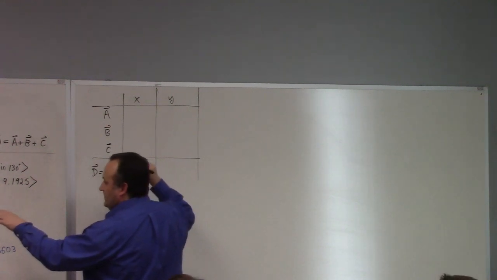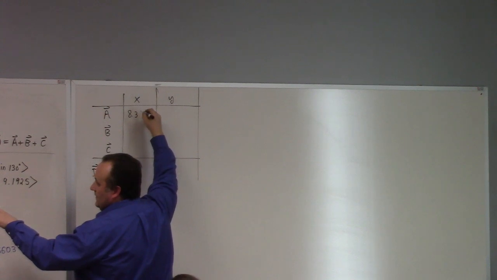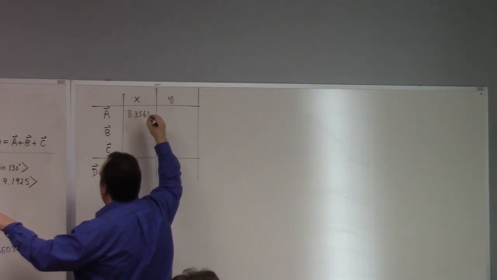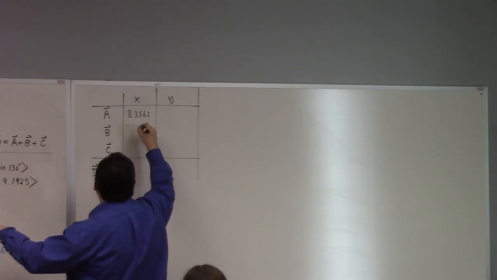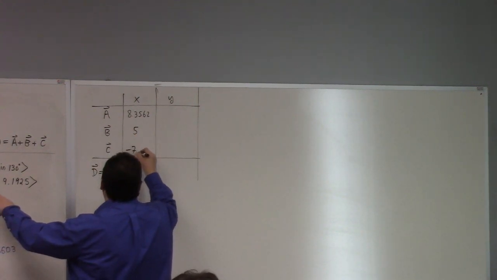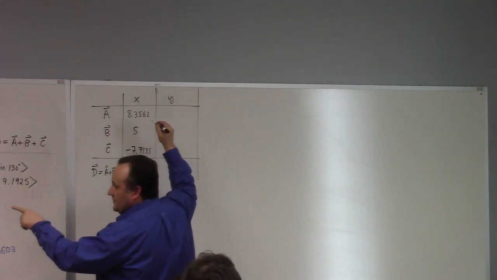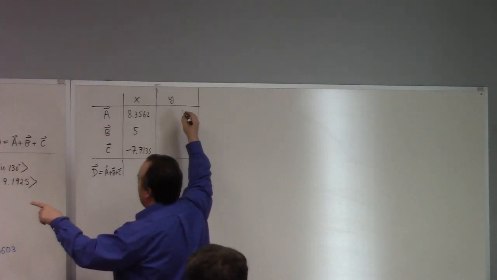So like my A was 8.3562. My x component for B was 5. My x component for C was minus 7.7135. My x component for A was, oh, my bad, y component.